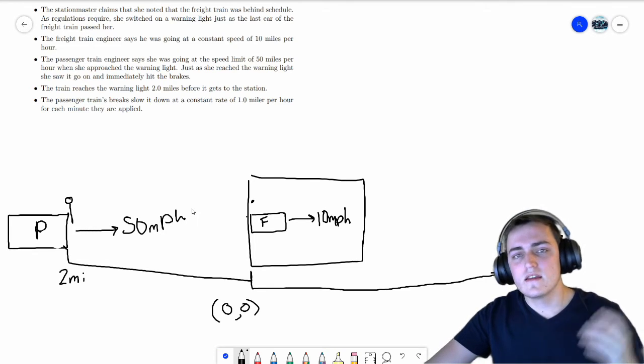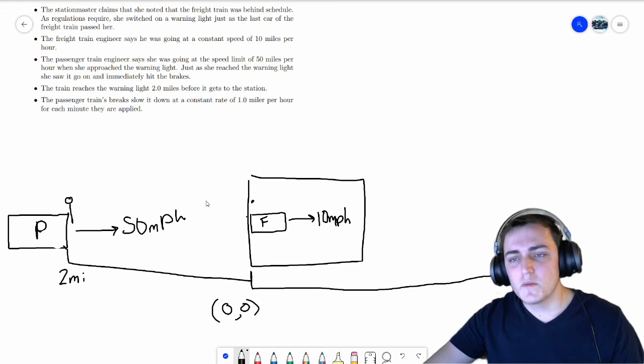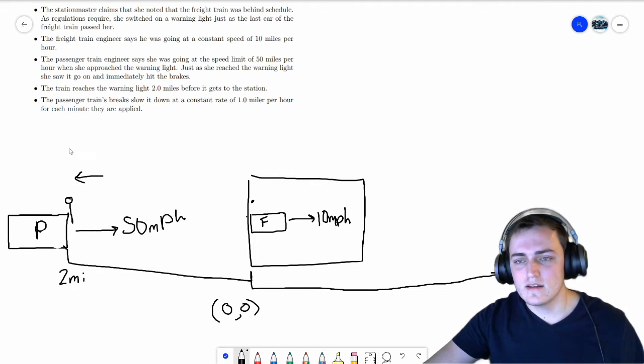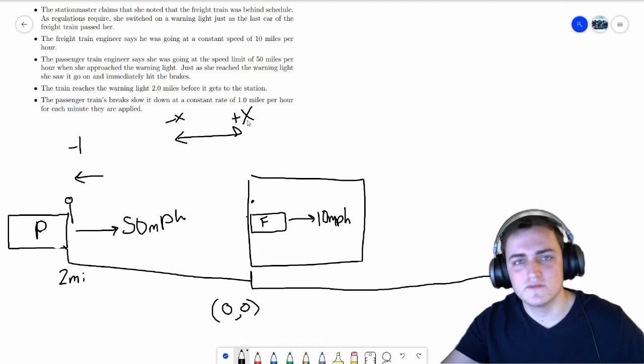And so the last bullet point, the passenger train's brakes slow it down at 1 mile per hour for each minute they're applied. So that is a -1. We are slowing down to the left. We chose our negative x and our positive x. There's customary positive to the right.